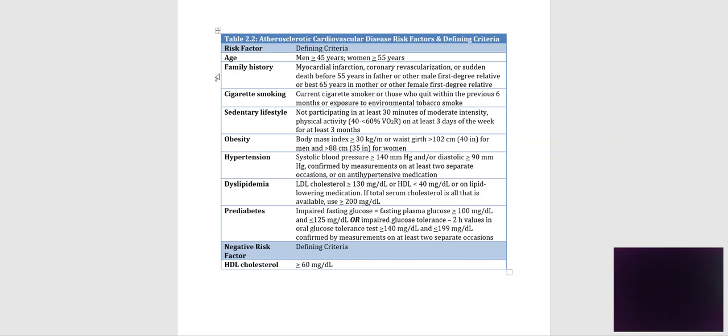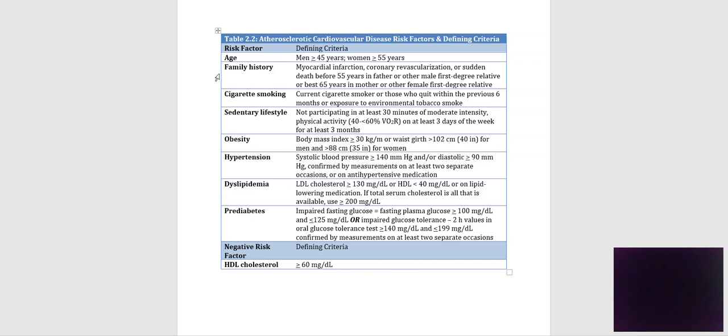What that means is if you have a family member, and again, this is a first-degree relative, who has had a heart attack, or some kind of significant heart surgery, or has suddenly died before the given criteria, then that's considered a risk factor.